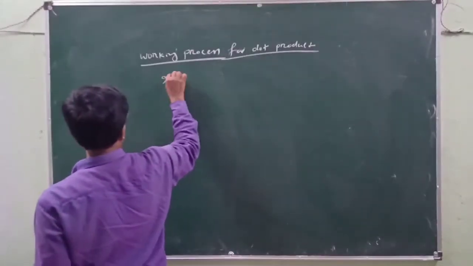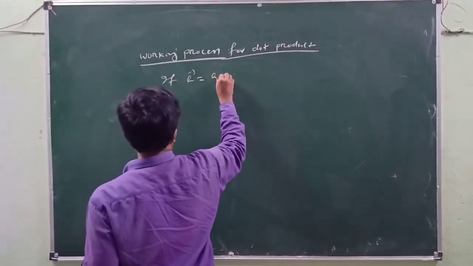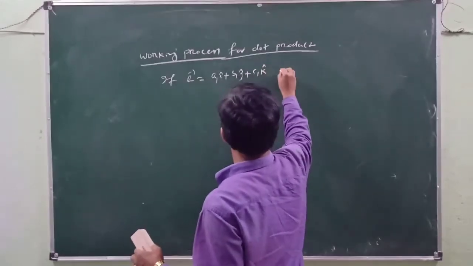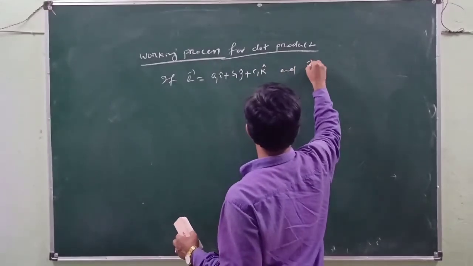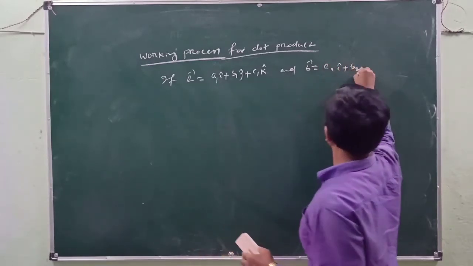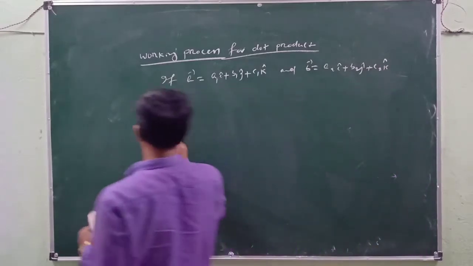If A vector I write as A1 I cap plus B1 J cap plus C1 K cap, and B vector I write as A2 I cap plus B2 J cap plus C2 K cap.